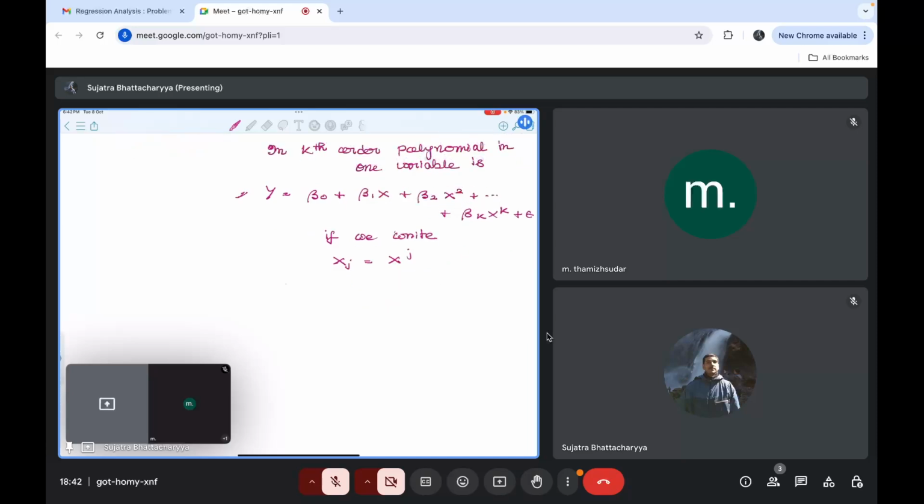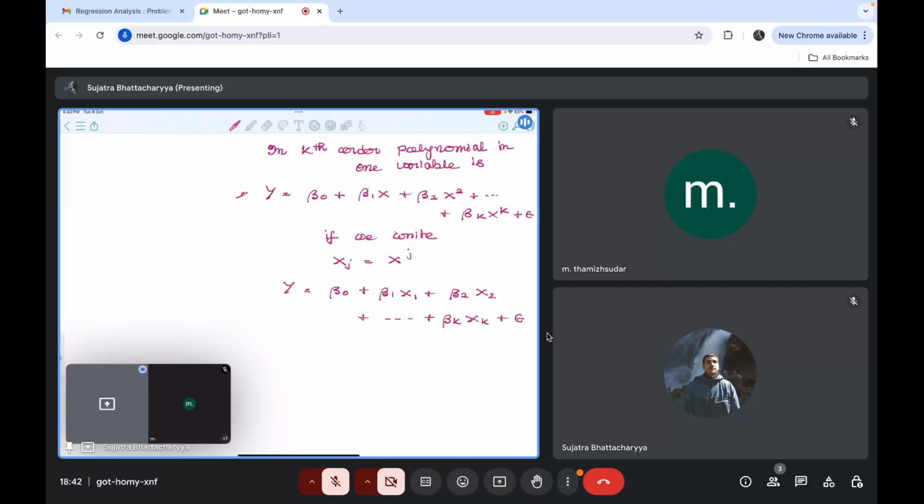This will be y is equal to beta naught plus beta 1 x1 plus beta 2 x2, because x2 is equal to x square, plus so on up to beta k xk plus epsilon.